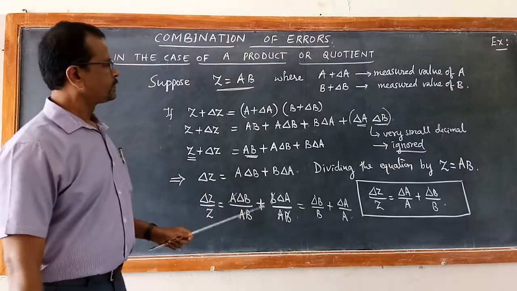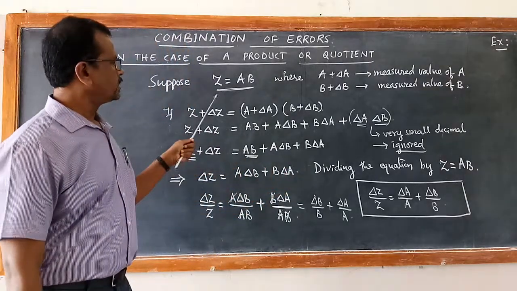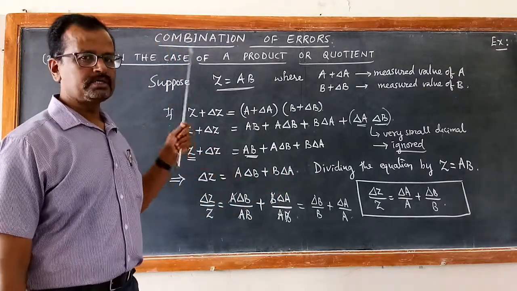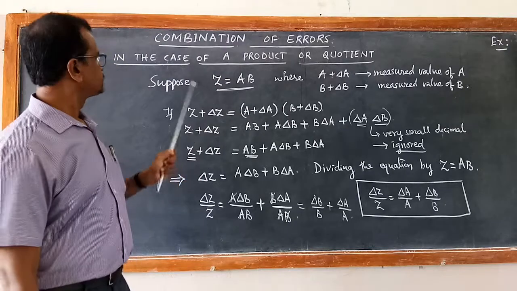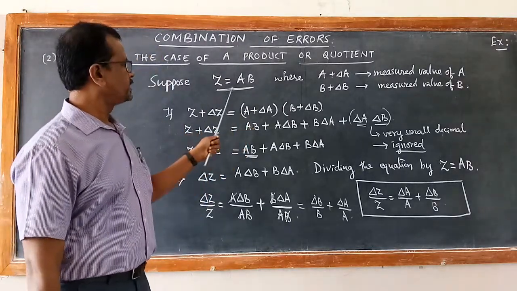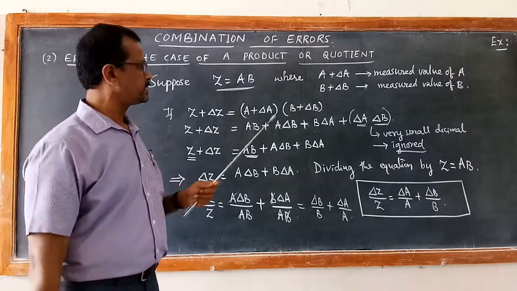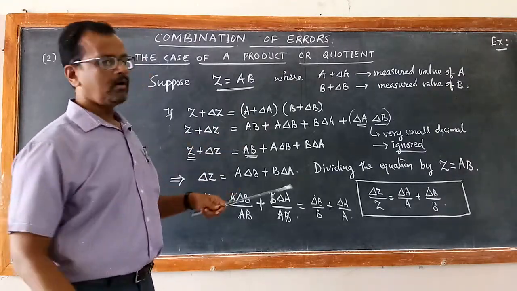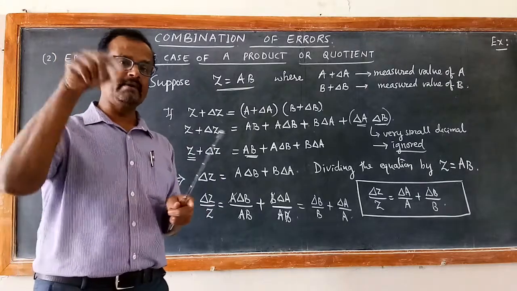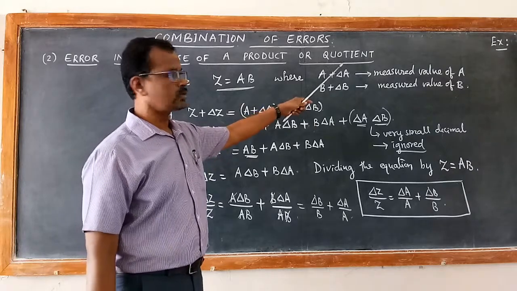Whenever the physical quantity is the product of two measured quantities, like Z is equal to AB, or if it is Z equal to A by B also, then it is in the quotient form.